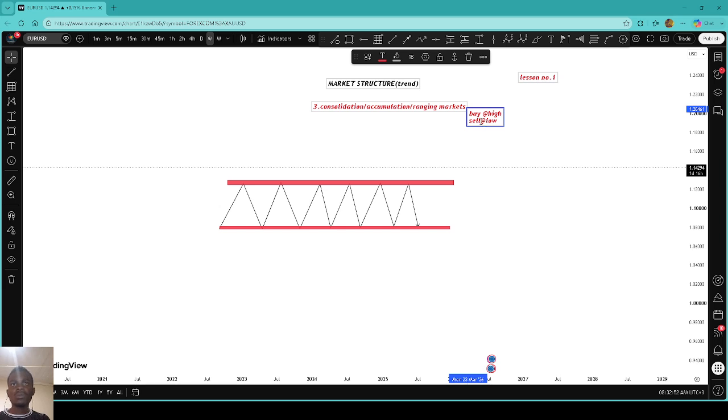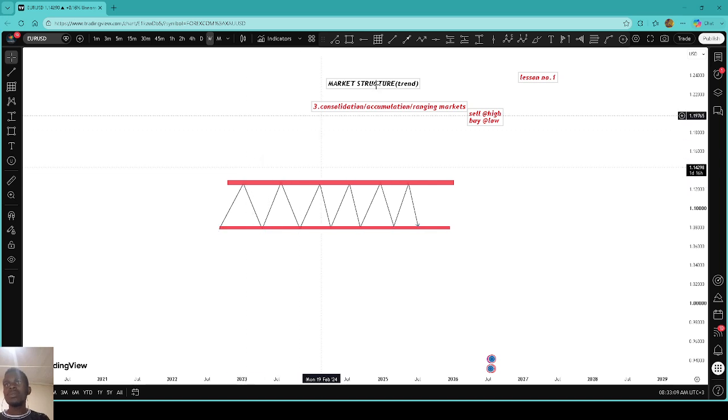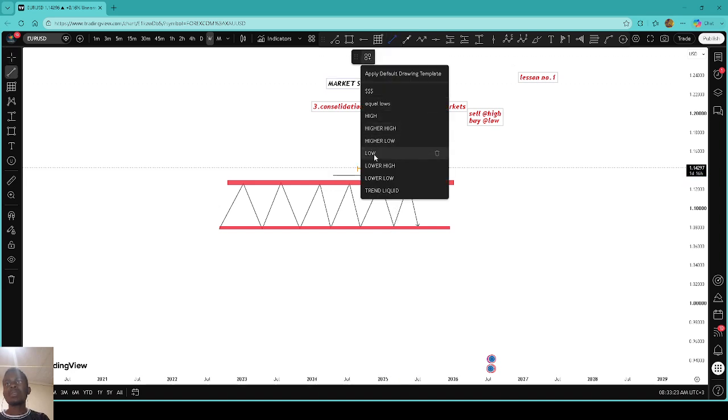Are we together? No, sorry, it's the opposite. Sell at the high, buy at the low. So you sell here, buy here. Now in this type of market, price only creates a high and then it creates a low.